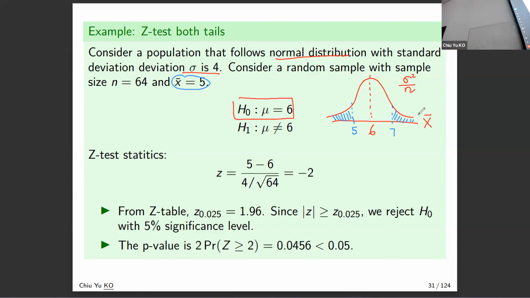So that's why we talk about one-sided before two-sided. Two-sided has to be a little bit tricky because before you see the data, you don't know if it's more than or less than. So for us, 5 is equivalent to 7. The difference is 1 above or 1 below. So this is the area.